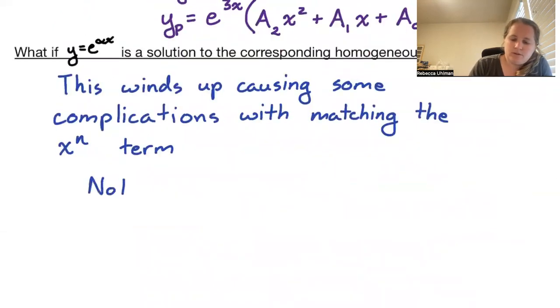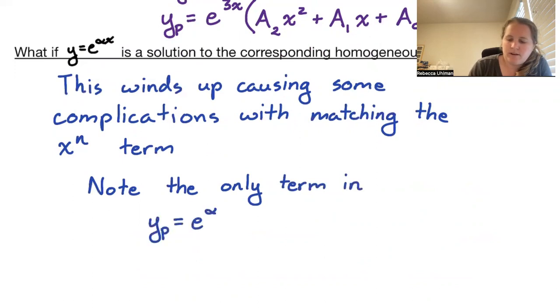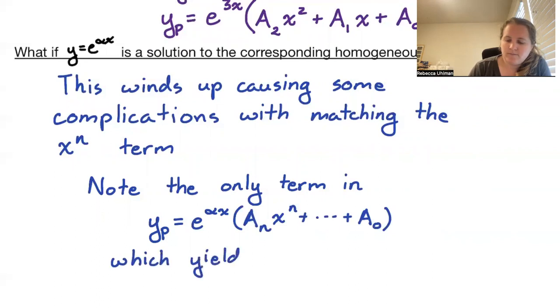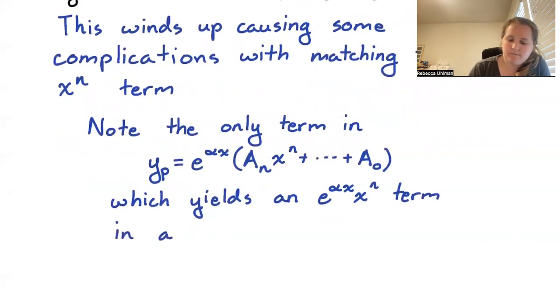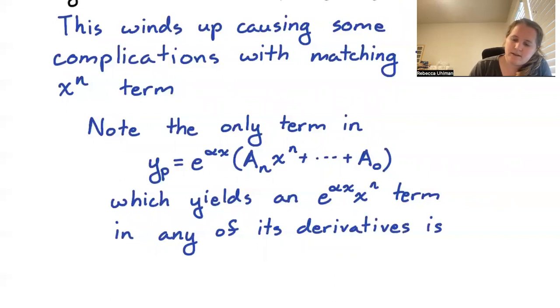So note, the only term in yp, equaling e to the alpha x times an x to the n going all the way down to a0, the only term in that which yields an e to the alpha x, x to the n term in any of its derivatives is the e to the alpha x, x to the n term.